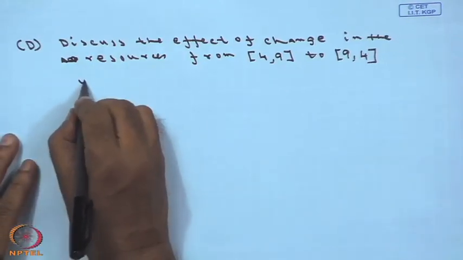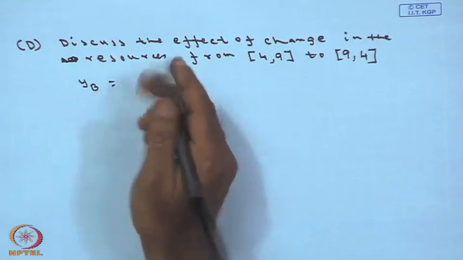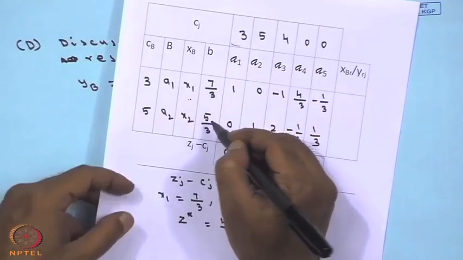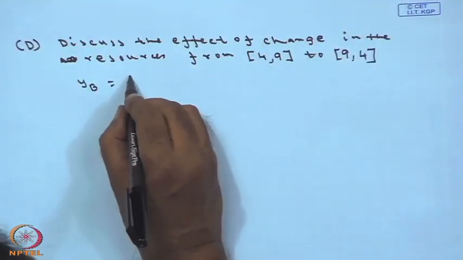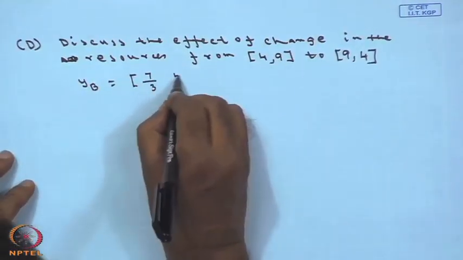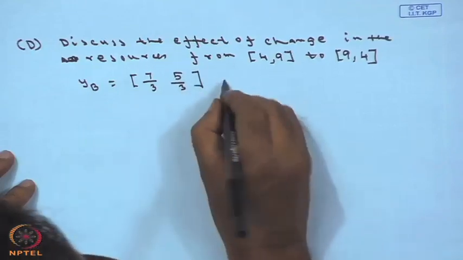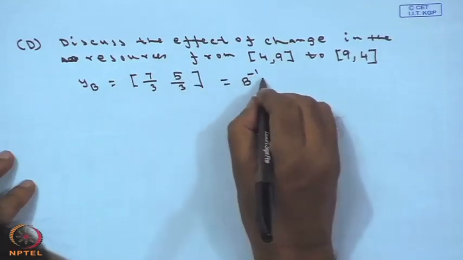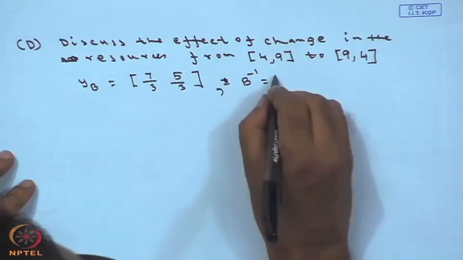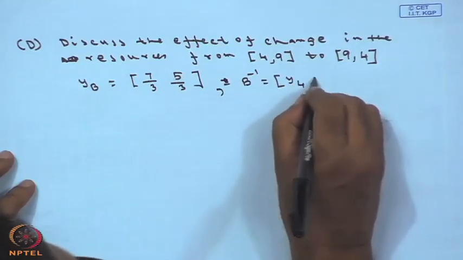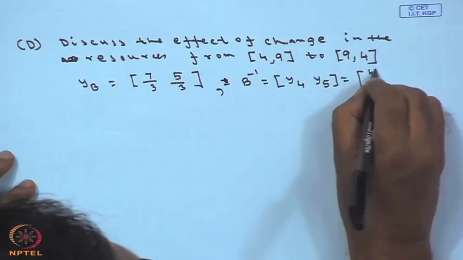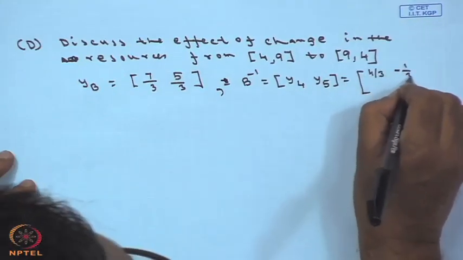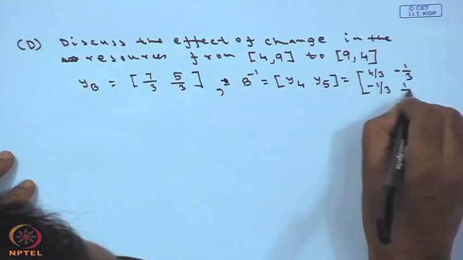Your yb means what is the value? 7/3, 5/3. For the optimal solution we are talking about, this is 7/3 and 5/3. Your B inverse will be equal to y4, y5, because in the initial basis these two are the entering vectors, and that value was 4/3, minus 1/3, minus 1/3, 1/3.